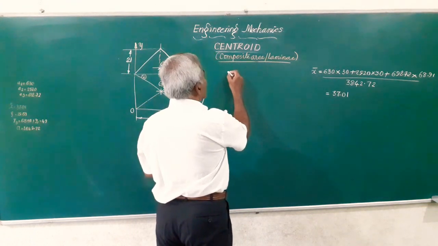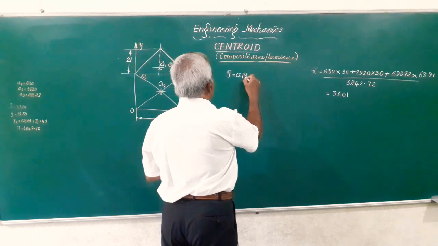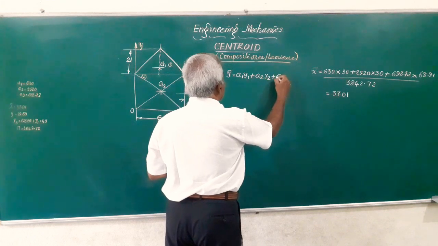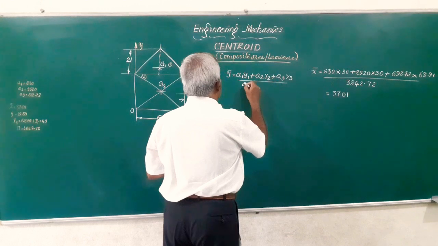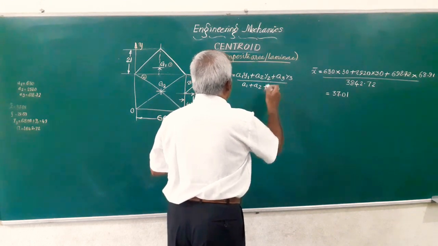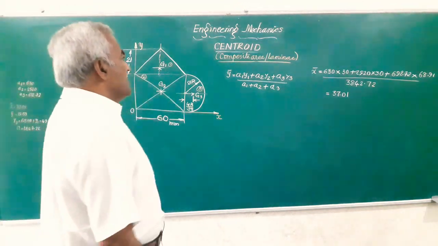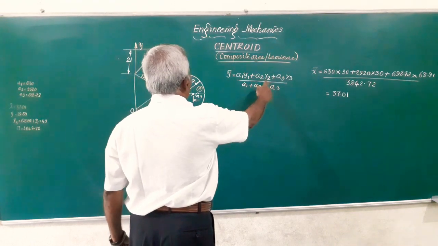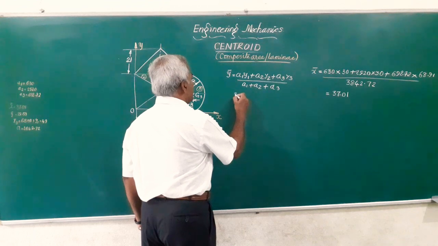Y bar is equal to a1 y1 plus a2 y2 plus a3 y3 divided by the area a1 plus a2 plus a3. Friends, in this formula, we already have calculated the areas and we have to calculate only the values of y1, y2 and y3. What are these y1, y2 and y3?